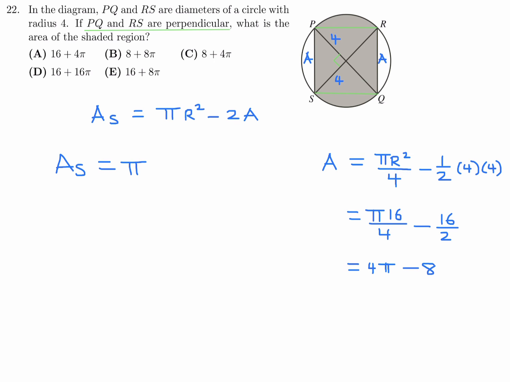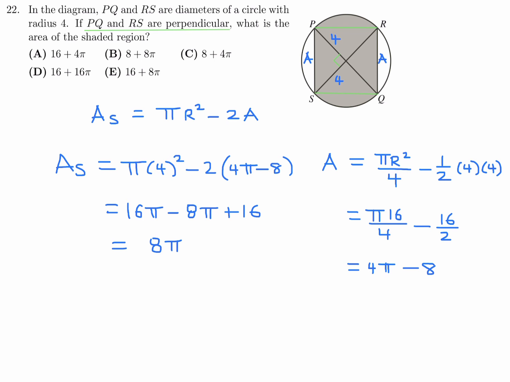Pi r squared, well, r is 4, so we have 16 pi minus 2 times A, so 4 pi minus 8. So this becomes 16 pi minus 8 pi plus 16, and therefore this is 8 pi plus 16. 8 pi plus 16 is choice E for number 22.